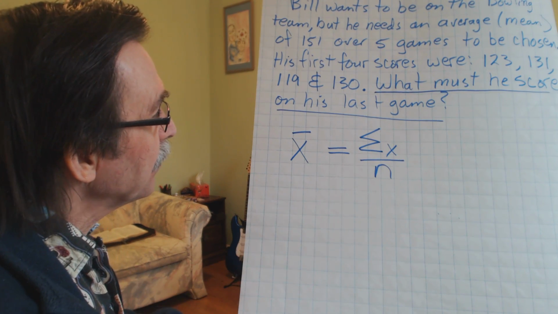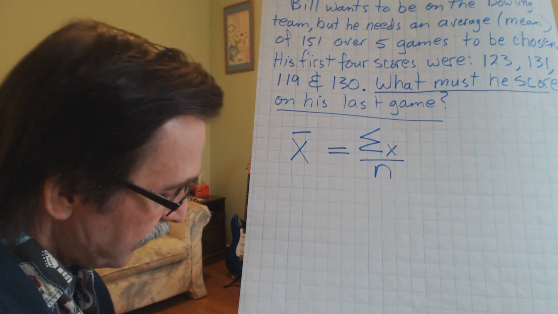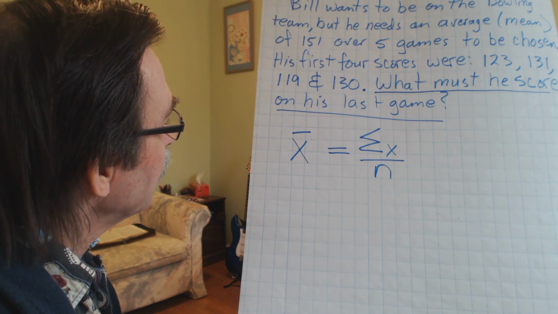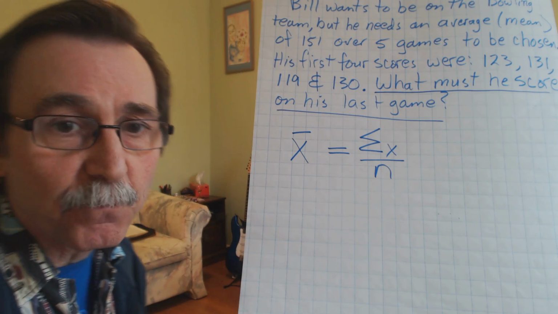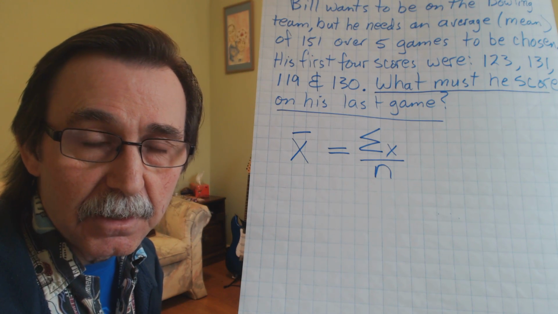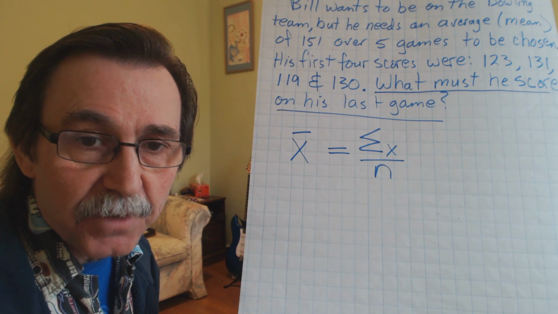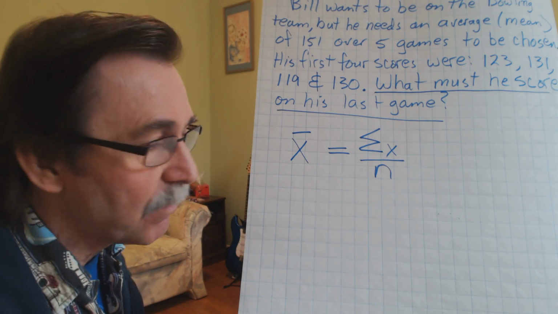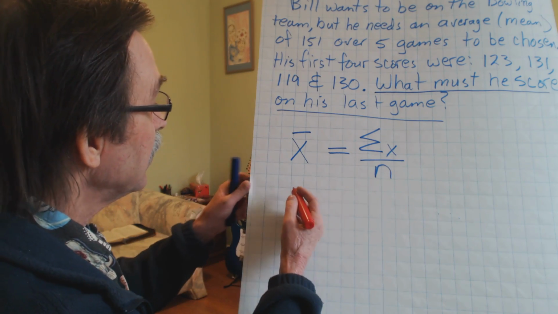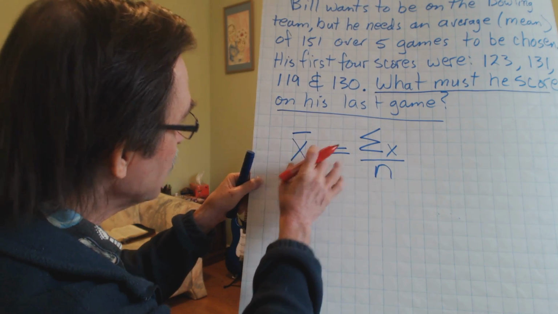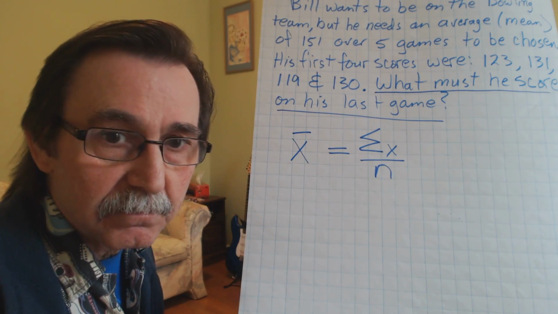So what have we been given here? We've been given some information already. We were told he needs an average of 151. So that says x bar equals 151. Let's go straight down from there. I'm going to change colors here. x bar is no longer an unknown.